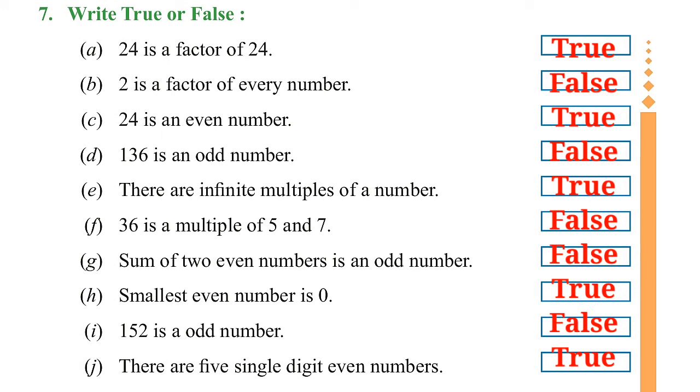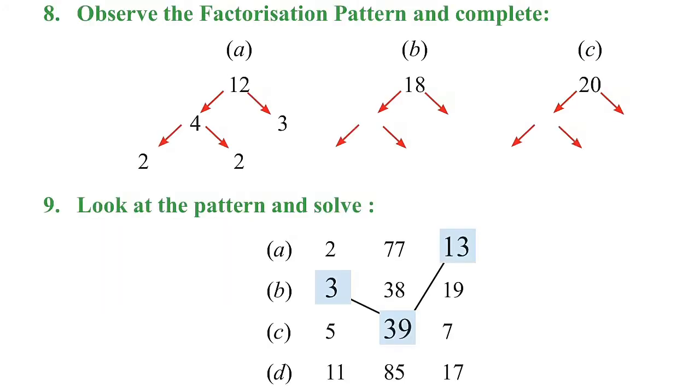So this is true, right? Single digit जो एक ही digit हो जैसे 0, 2, 4, 6 and 8. Only 5 ही single digit even numbers हैं. So this is true.